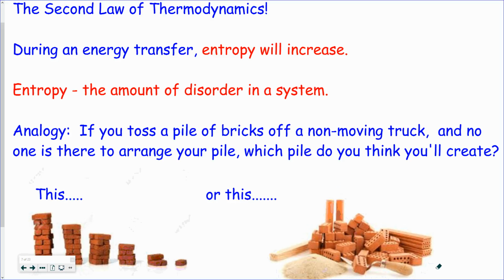Well, law of nature says everything wants to tend to move to chaos, so when I throw those bricks off the back of the truck, I'll get a chaotic system. It's like when I transfer energy to any object, that energy will want to go everywhere. The entropy of the system will increase. And so that's why we can't have clean energy transfers, because the energy doesn't go in the direction we just want.